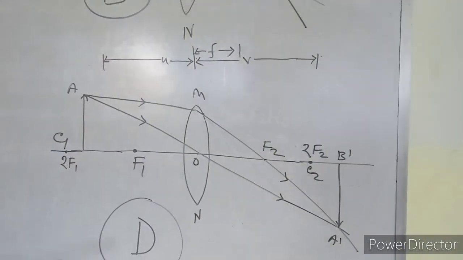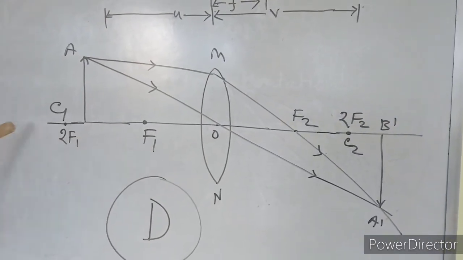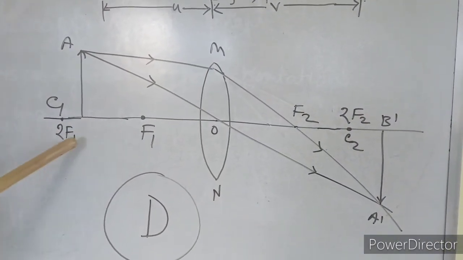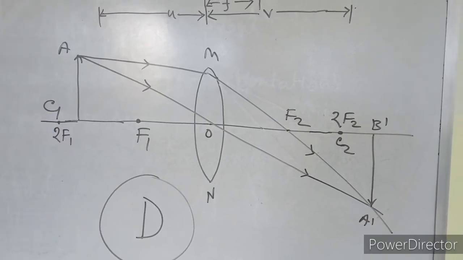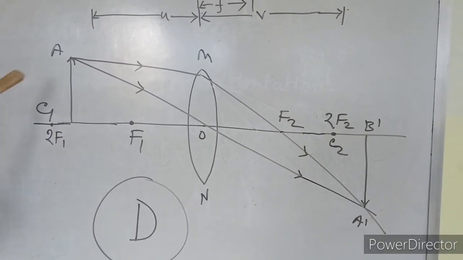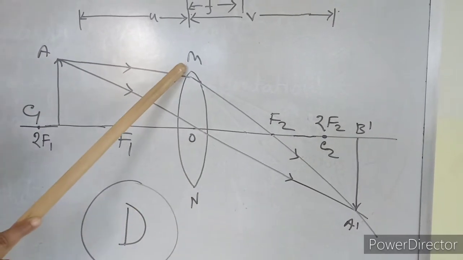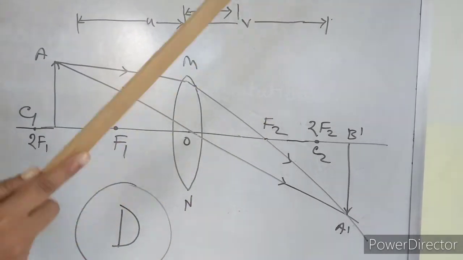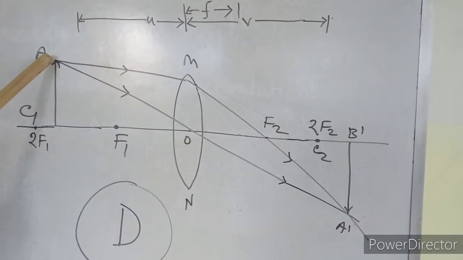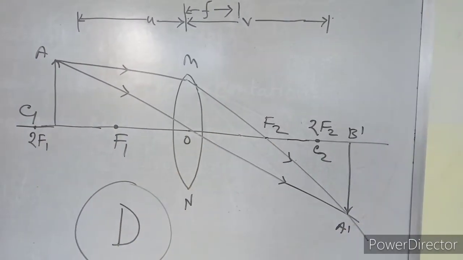Now the last one in this page. My object is in between F1 and 2F1. Position of object is in between F1 and 2F1. This ray of diagram coming parallel to principal axis after refraction passing through F2, that is focus on the opposite side. Another ray of light passing through optical center undeviated.